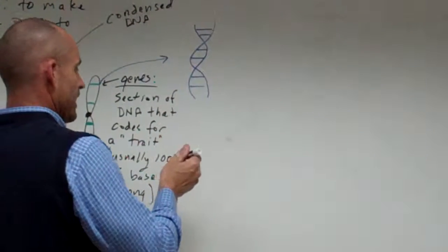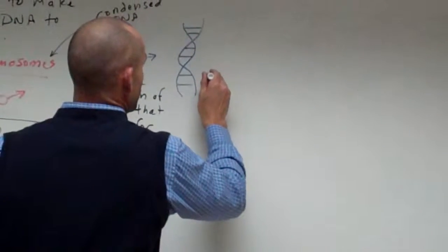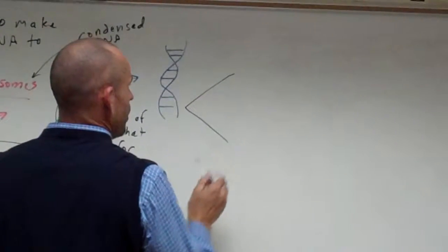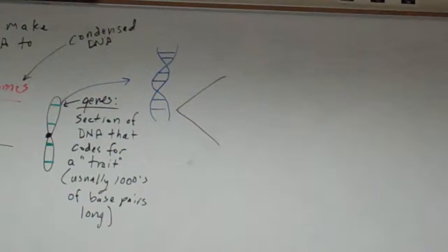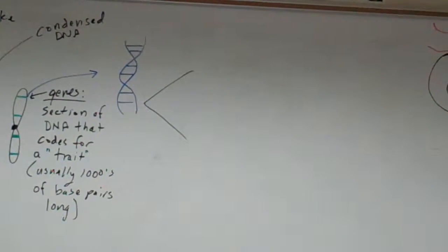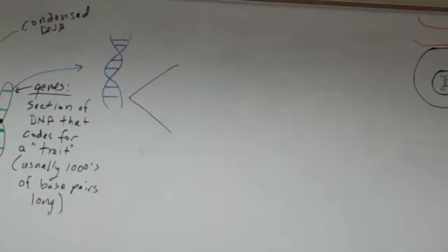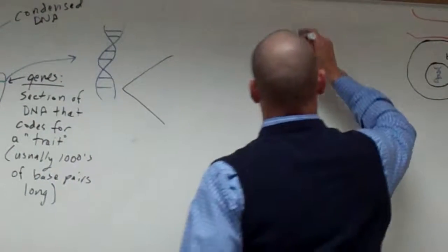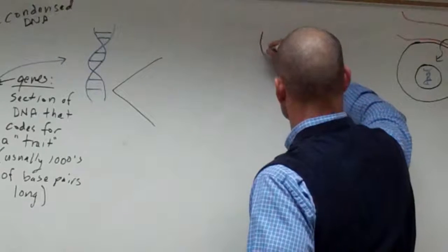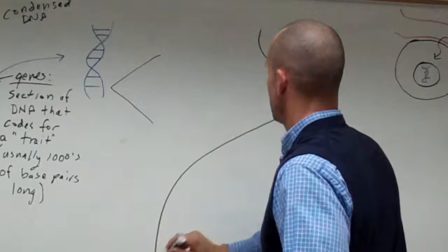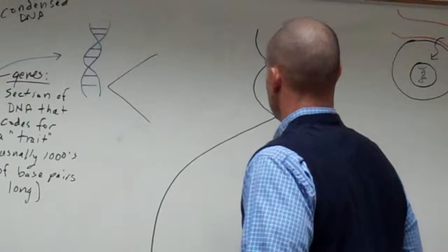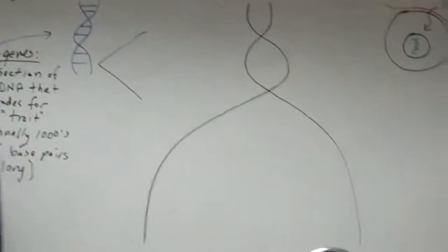I'm going to use this little expansion bar and blow it up in this direction so we can see a little bit better. And then I'm going to make one thing of DNA.